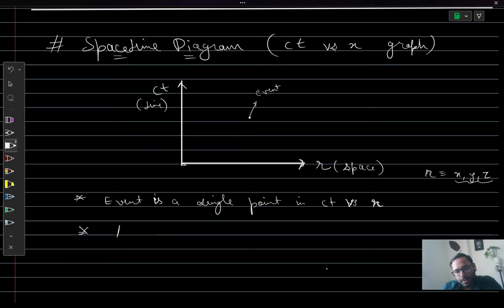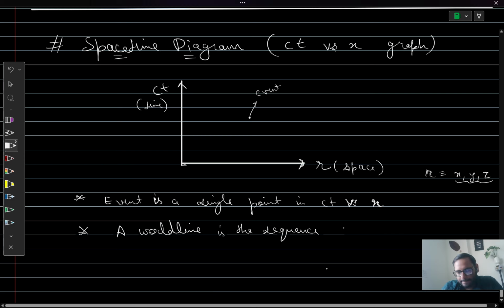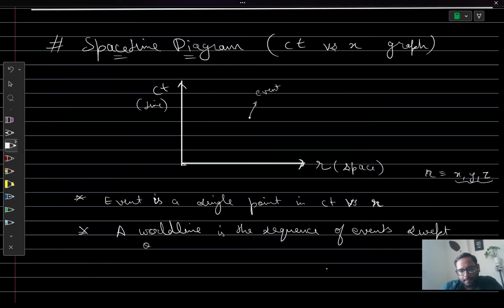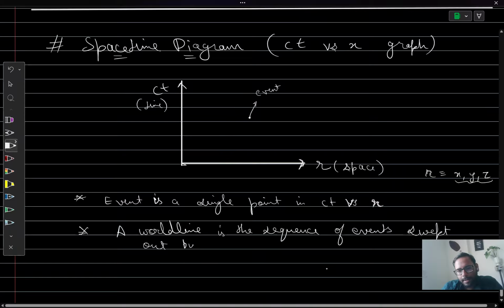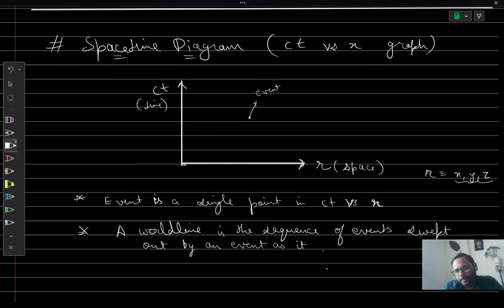Now a world line is the sequence of events swept out by an event or a point as it moves through space and time.